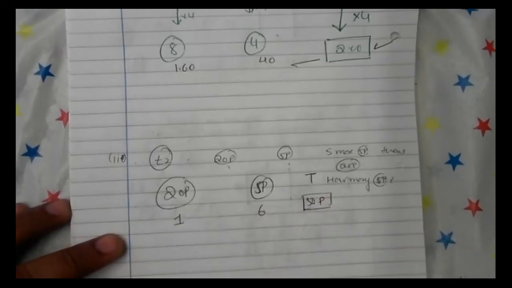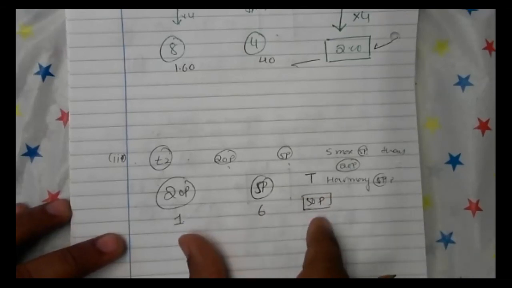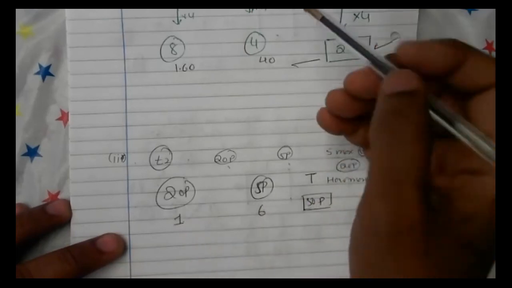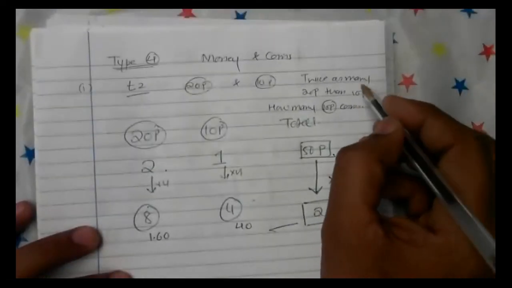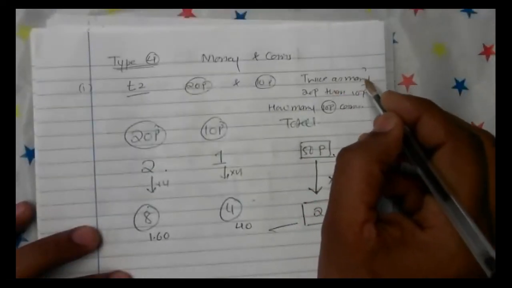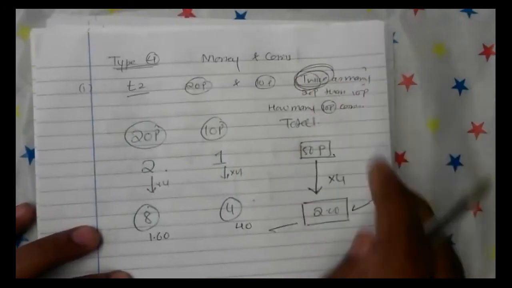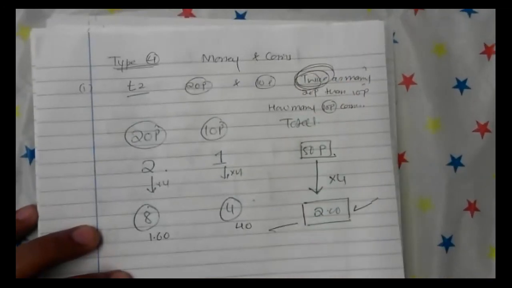Does that make sense? But this time I cannot times it, because coins do not go up and down in the same ratio. Guys, ratio is only used when the comparison is about multiplication. How many times? Twice as many. So here I have to work it out, people. I have to go and work out trial and error. That's why I picked this question.